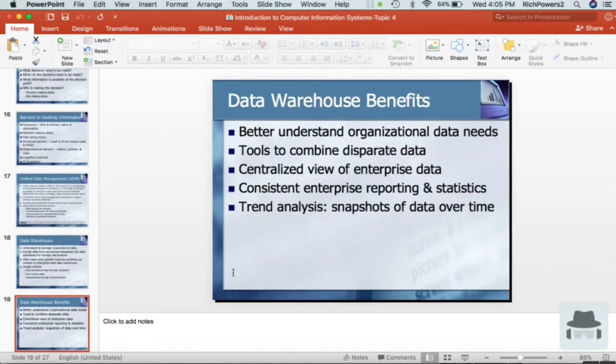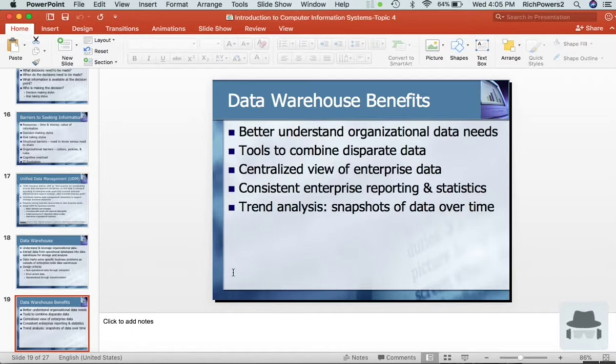Benefits: the ability to really deal with organizational data and be able to see it in different ways, be able to do different perspectives on it. You can combine disparate data, you can centralize data, you can develop statistics and reporting in a fashion that is really difficult to do with an enterprise application system.